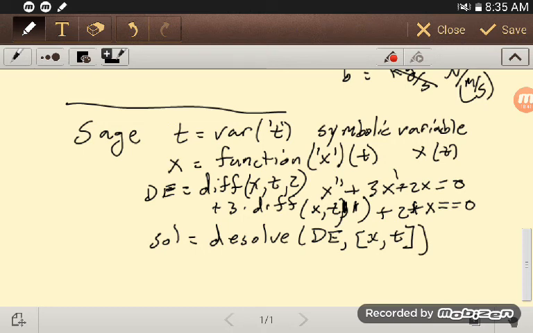You need to do independent last, so there's independent. But that gets to the solution, and then for you to see the solution, this is the best way. Actually, I think if you just put that dsolve into Sage, it'll probably show the solution. But this is guaranteed to show you the solution as long as everything's typed in right.